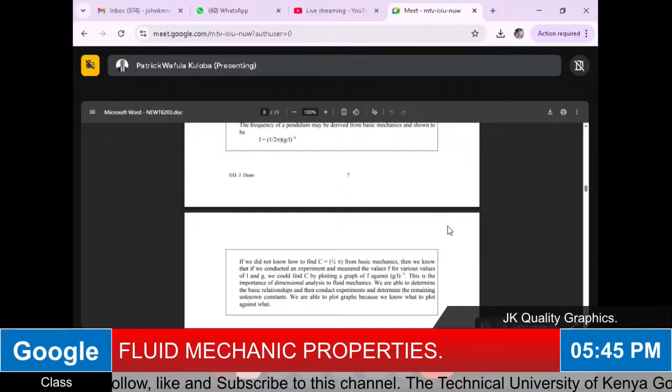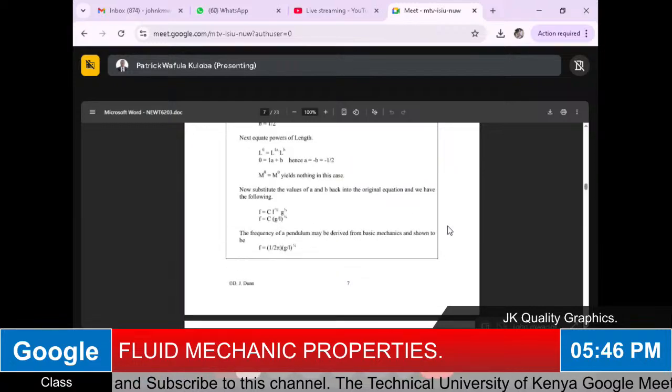Before we go to another example, the equation would be f is equal to C l raised to minus a half, g raised to a half. And then if you simplify it, you see that f is equal to C times g over l, raised to a half.